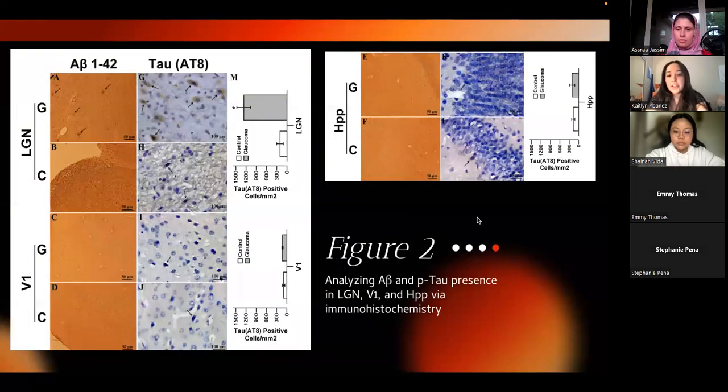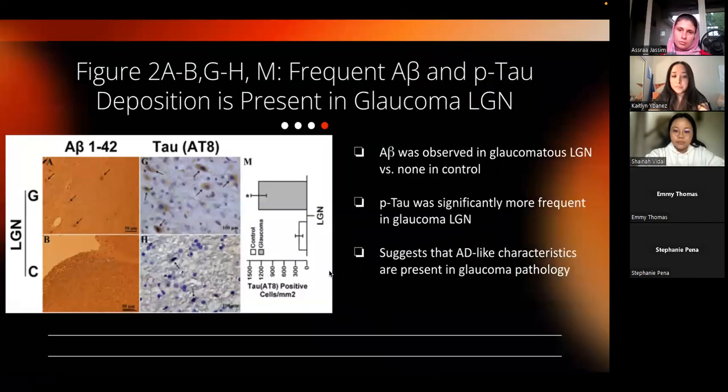Now looking at figure 2, we're going to be analyzing amyloid beta and phosphorylated tau in several different regions known as the LGN, V1, which is the primary visual cortex, and HPP, which is the hippocampus, via immunohistochemistry.